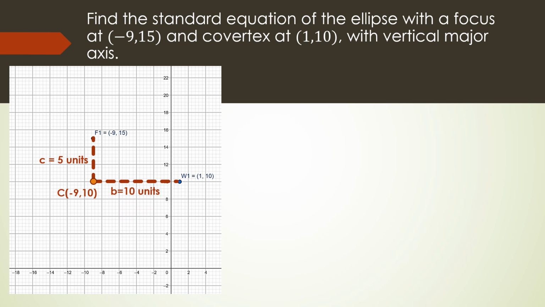You can also use the distance formula as an option in finding the distances or values of a and b. Since the condition states that this ellipse has a vertical major axis, therefore it is a vertical ellipse, and we will follow this standard formula.